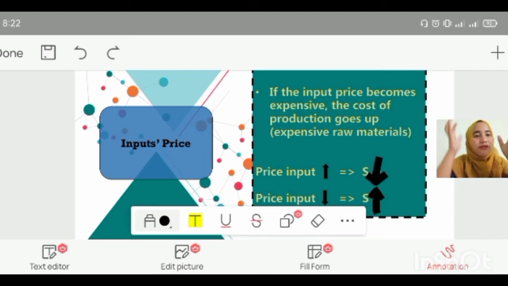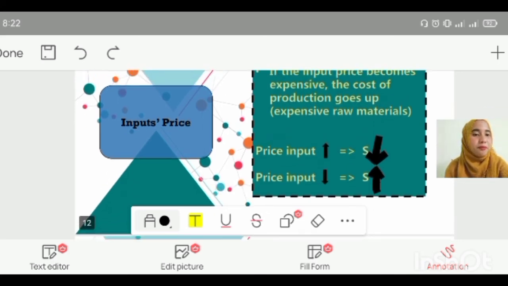So if you have expensive raw materials, if the price of inputs increases, the raw materials increase, the supply will decrease. So if mamahalin yung paggawa ng isang gamot, meaning scarce yung supply niya, magiging maliit or decreasing yung supply niya.